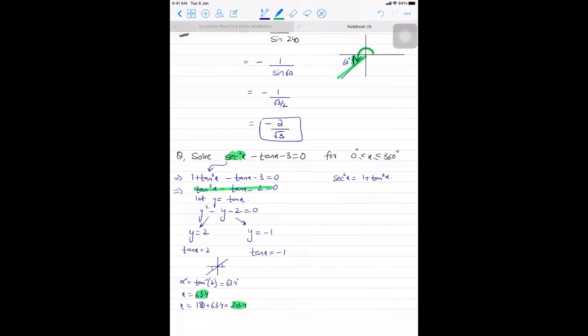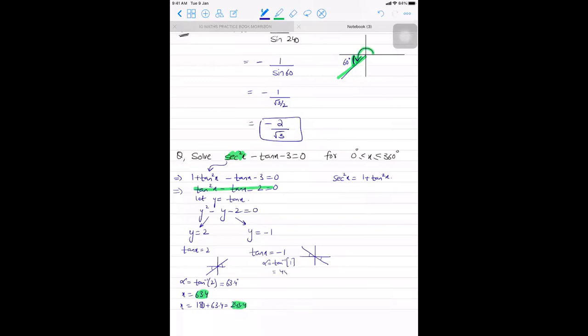Now from tan x equals to negative 1, tan x is negative in the second and the fourth quadrant. To find the basic angle first, I'm going to take tan inverse of 1 without the negative sign. So that's going to give you 45 degree.